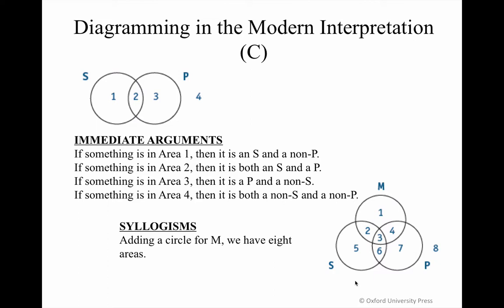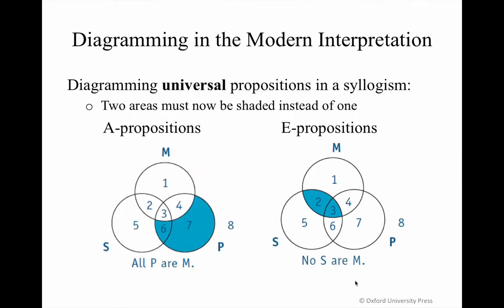I say that largely because lots of times people get a little bit overwhelmed. It feels like a lot of clutter, those areas of overlap. So the numbering can help you keep things straight. So let's now move on to the process of diagramming.